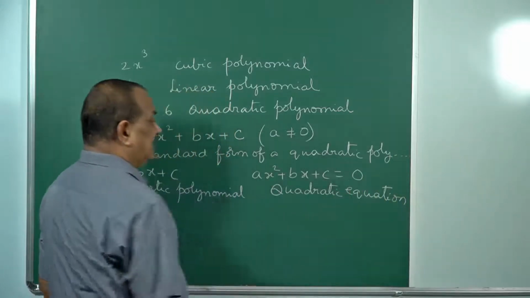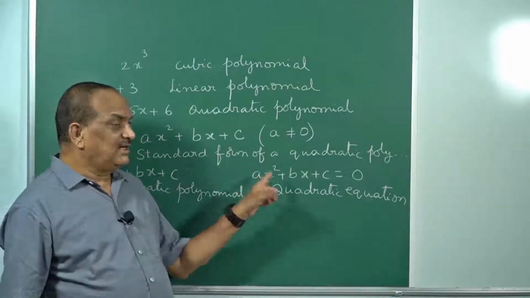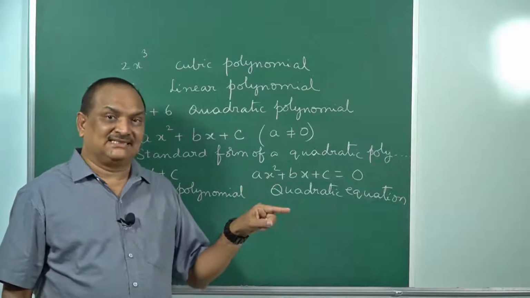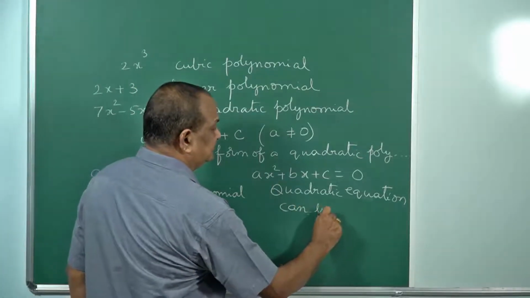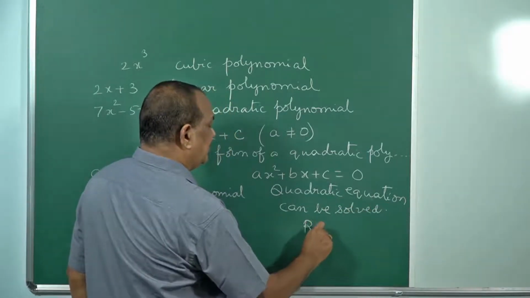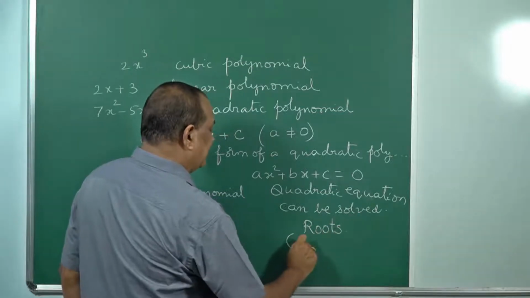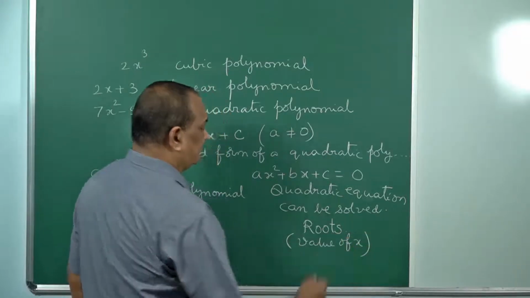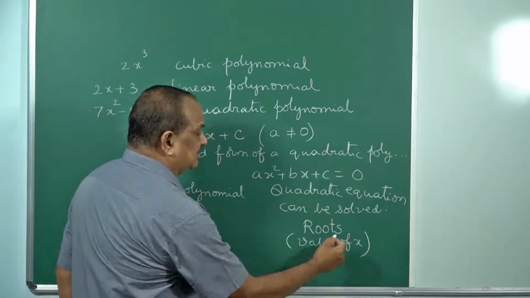Then there is another thing that differentiates this one and that one. When you are given an equation, you solve it to find the value of x. So it can be solved. And when you solve this quadratic equation, what you get are the roots. Roots means the value or values of x. We call them roots.